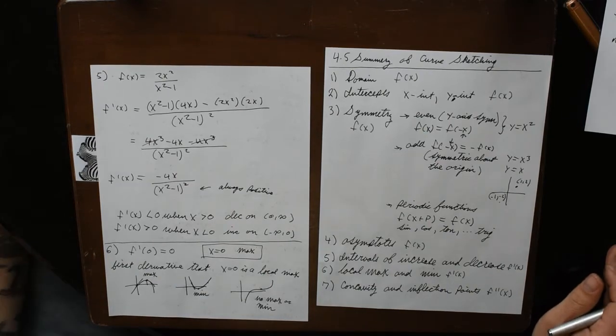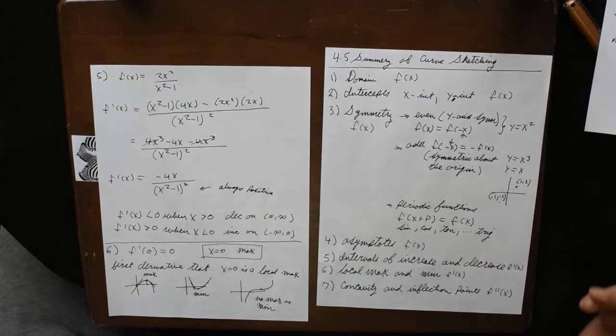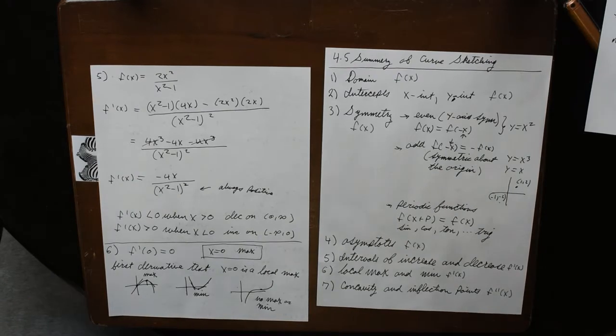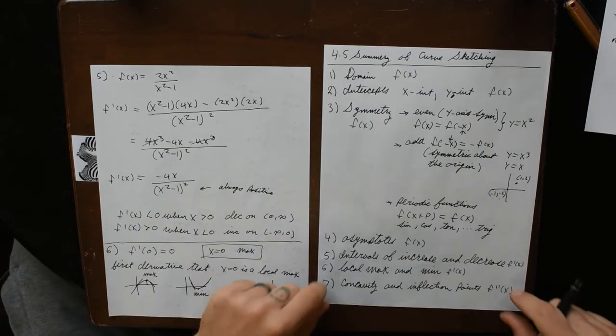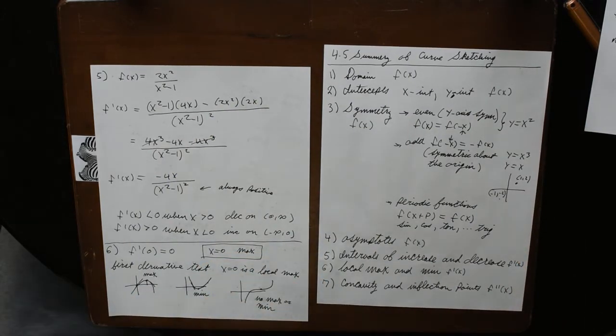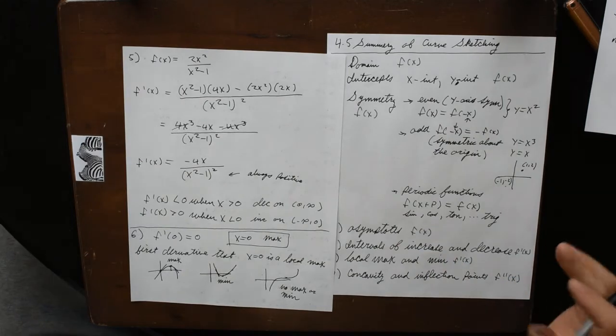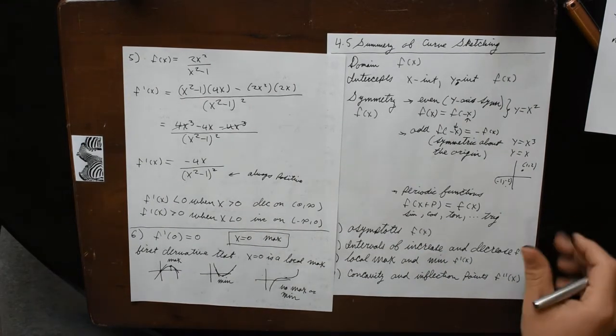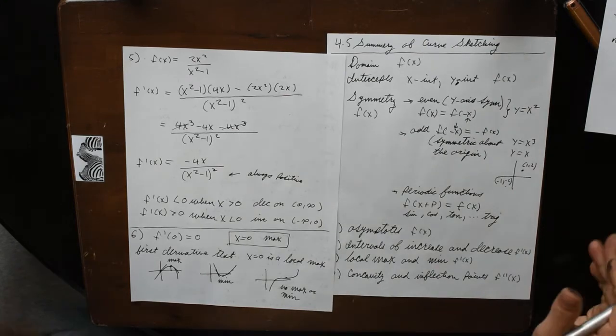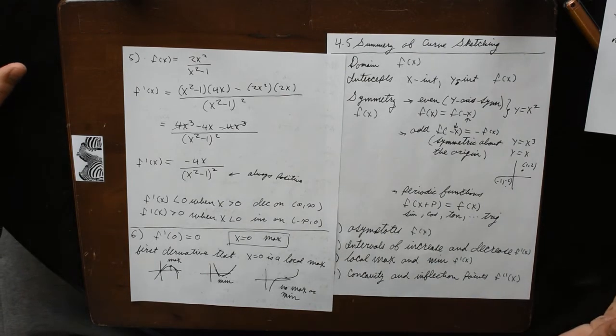I don't want you to get this summary etched in stone and think that you have to do it this way every time. What we're really doing is getting information from our function, from our first derivative, and our second derivative. You guys are supposed to be learning, and hopefully by the end of the semester will know what information you can get from functions, their first derivative, and their second derivative.